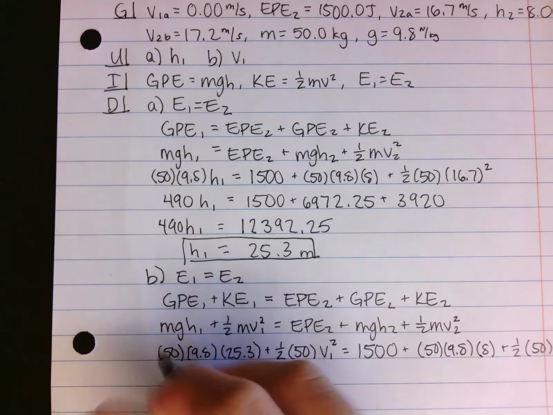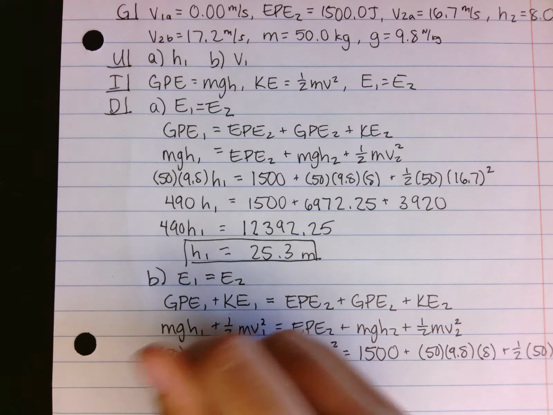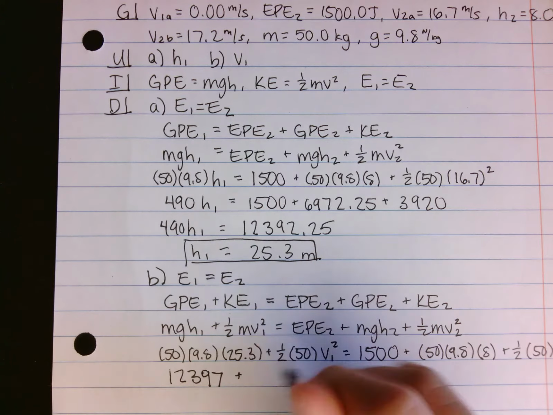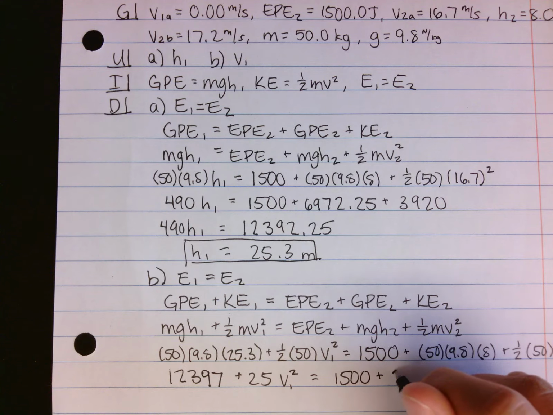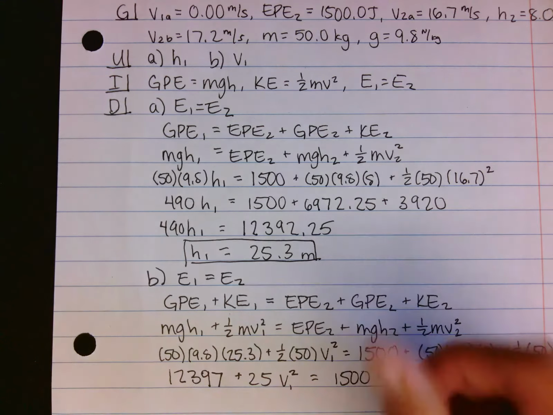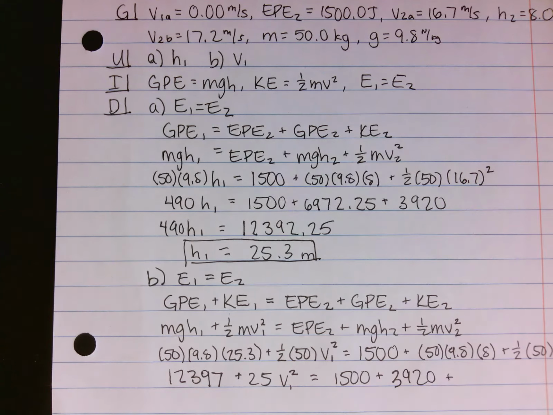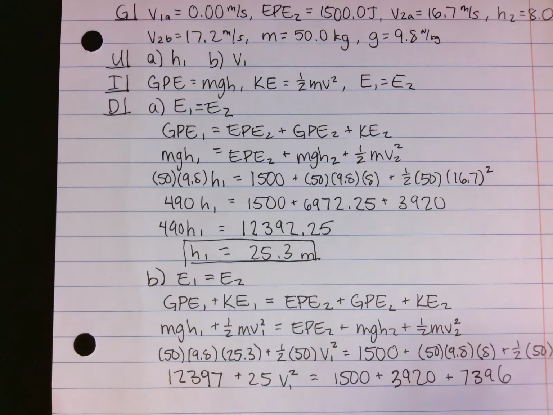And when we do out the math, we get 12,397 plus 25 V1 squared equals 1,500 plus 3,920 plus 7,396.